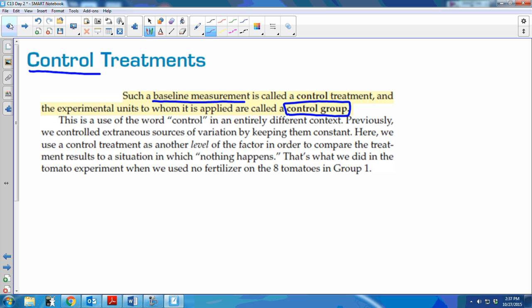You cannot take people off their heart medication and make them not take any medication and then give half the people the new drug that you're giving, right? So you can't have a control group in that scenario because that wouldn't be ethical. You have to make sure that you're still treating the people that have the heart condition, all right? So you can't always have a control. Not always possible.